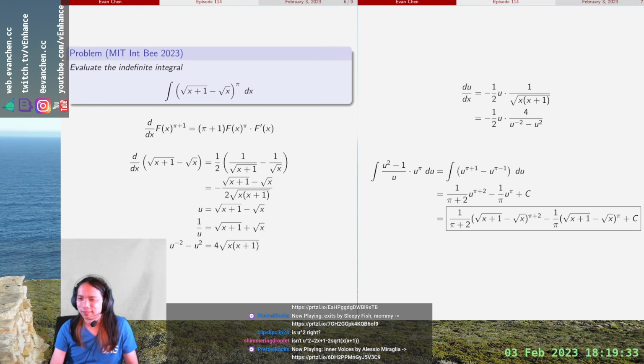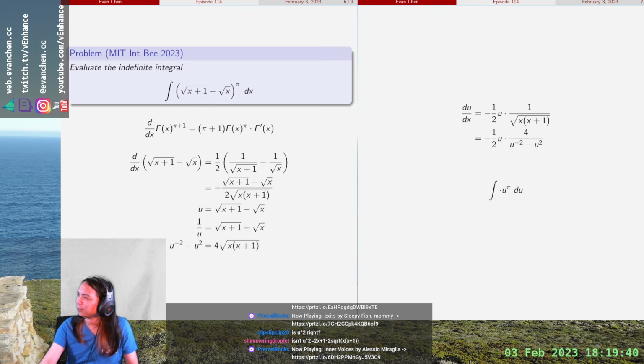So this is all garbage, we're going to throw this away, and that too. Now dx is equal to whatever I thought it was earlier. So dx is something times du, and that something is u squared minus u to the minus 2 divided by u times 2? I hope?